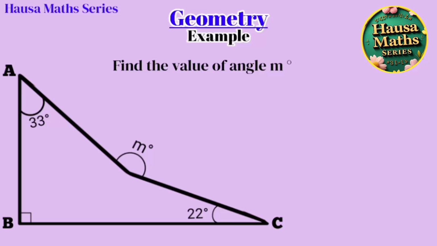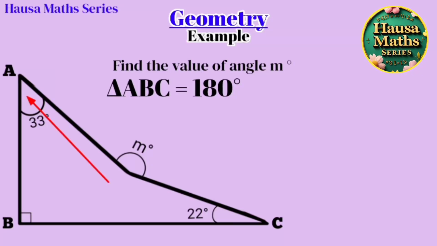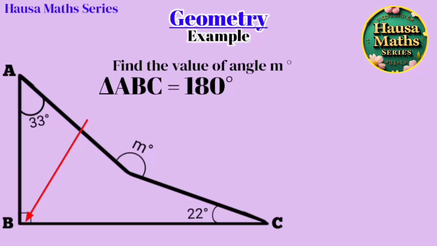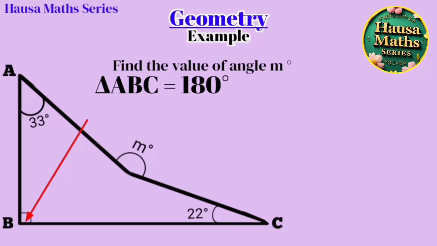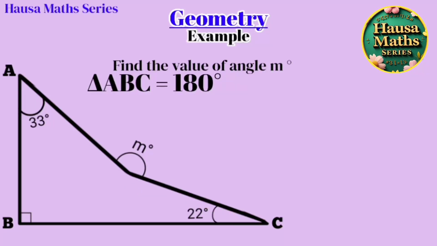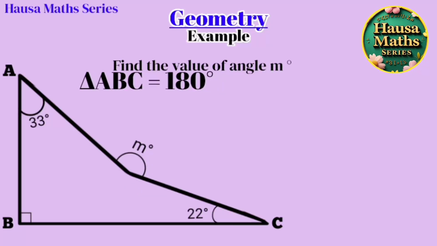It forms other angles, not a triangle. So angle ABC is 90 degrees, angle BAC is 33 degrees, and angle BCA is 22 degrees. When you add 90 plus 33 plus 22, it will not give you 180 degrees.